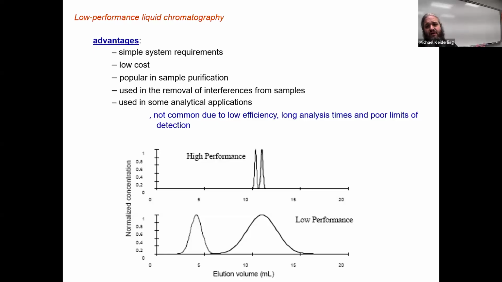It's good for sample purification because you just need to get the right section. It's used in the removal of interferences from samples. It's used in some analytical applications, but not commonly because of the low efficiency, long analysis time, and poor limits of detection. It is good for purification, not so good for analysis. It's also easier to do large quantities.